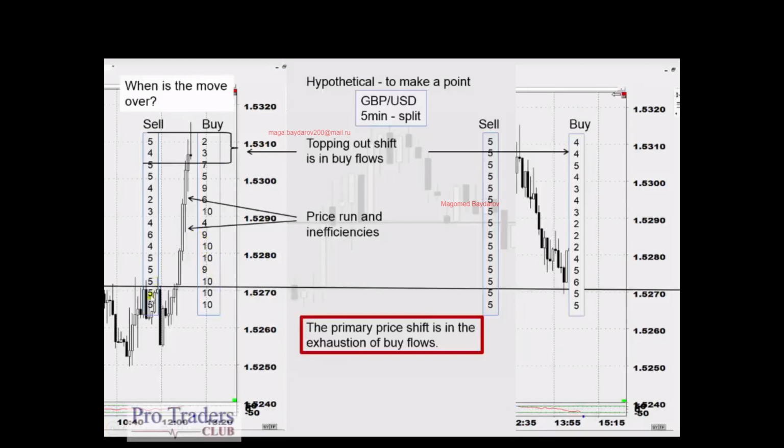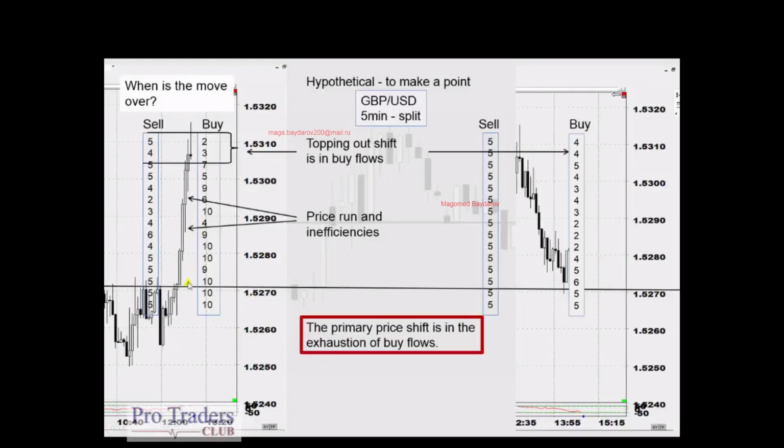Let's just say, for the case of this example, all of the offers remain relatively the same. Just call it a balancing point of 5. Larger volume comes in, hits on the 5s, it's got to go up. Price has to rise to find liquidity.